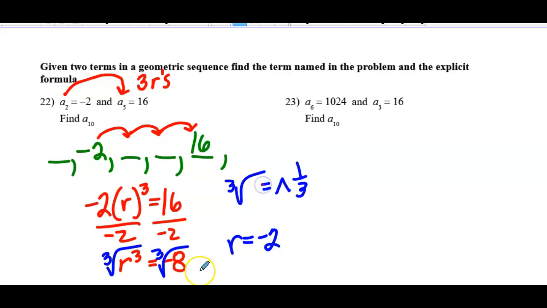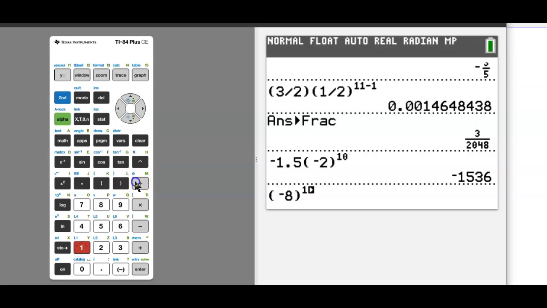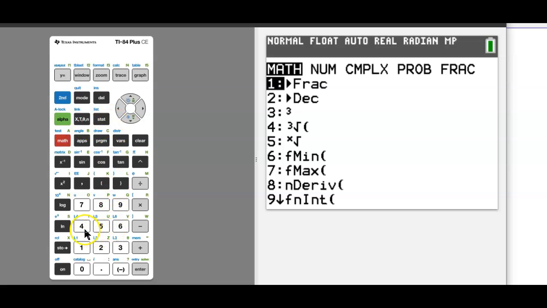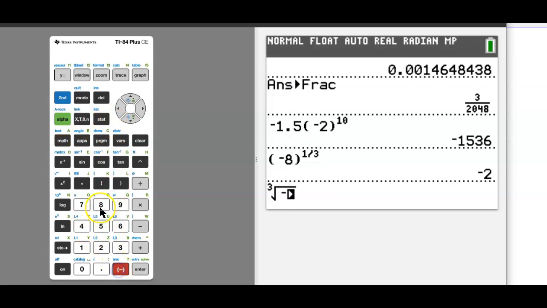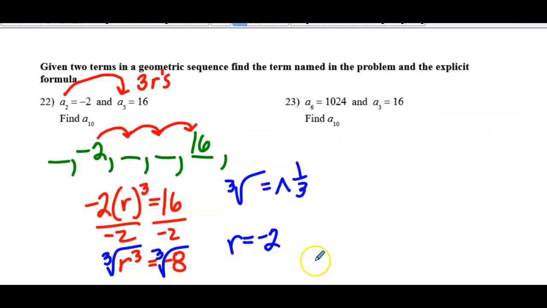So it would have been faster, in my opinion, to type negative 8 to the 1/3 power than it would have been to go in here and find this cube root thing, which is here. But either one will work. But we will have some where you have like the 4th root or the 5th root. And when you have that, you can do to the 1/4 or the 1/5 power.